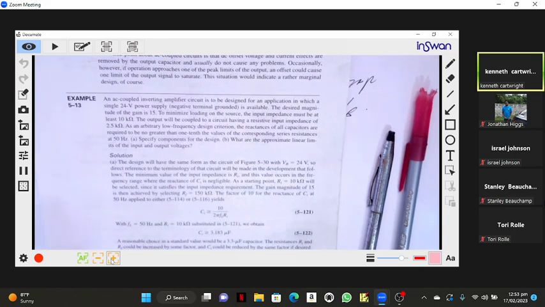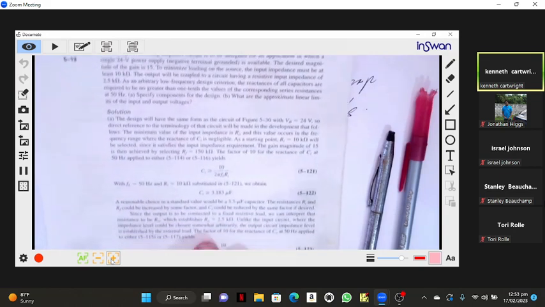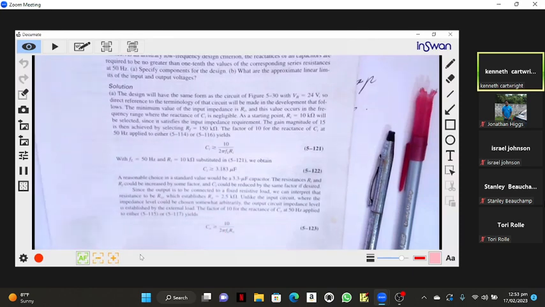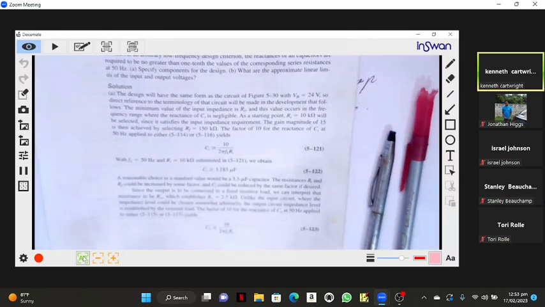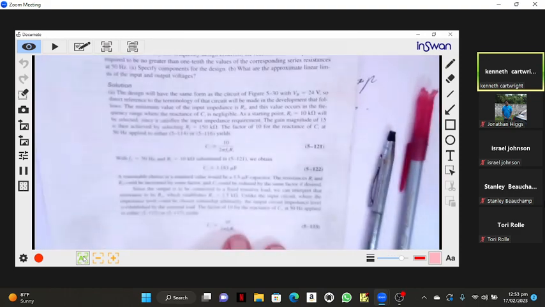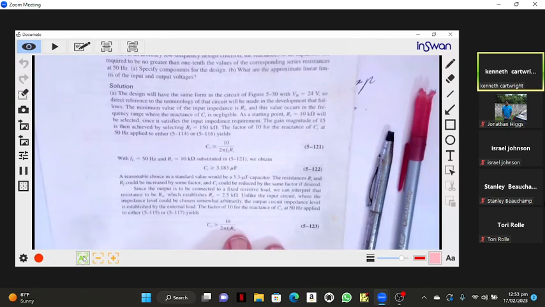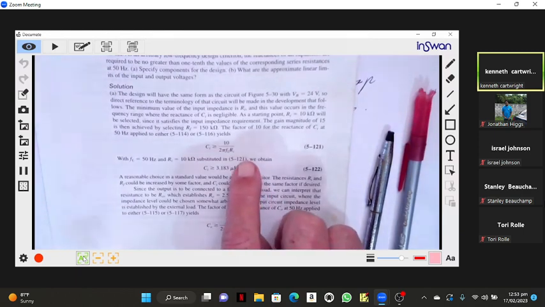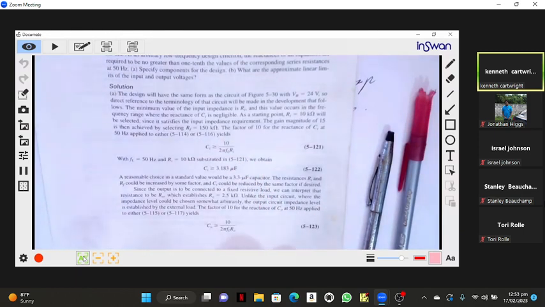Well, I already gave you this equation. And that comes out to 3.183 microfarads, so it has to be greater than that. So we use a 3.3 microfarad capacitor, which is a commercial value.